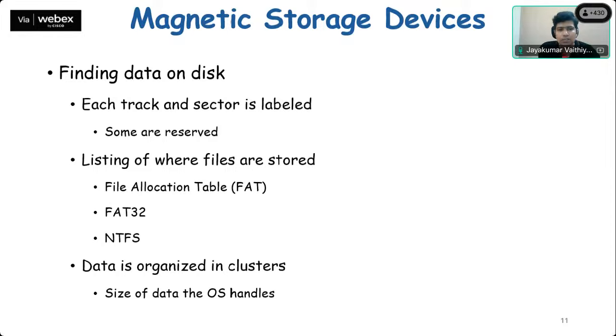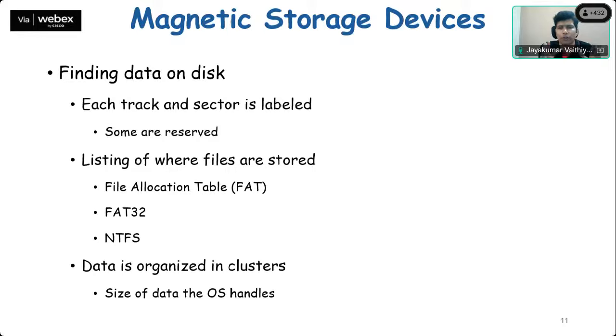And the third one is NTFS, new technology file system. The latest Windows 11 and 10 use NTFS. In earlier days, Windows 7 used FAT32. So these are minute differences in how you are going to organize your data.